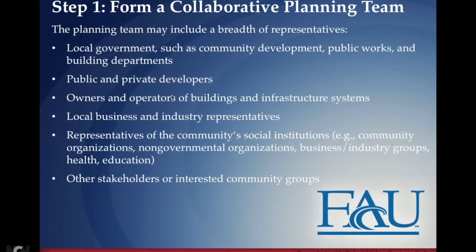So, let's get in a little bit more into step one, which is the second chapter, or it's not even really chapters, it's kind of a section in the NIST report. Form a collaborative planning team. Again, I already kind of went through all of this, so I don't want to repeat myself here, but I want to just point out that it's incredibly important to put a planning team that has a wide array of representation from government, nonprofit, and private sectors.